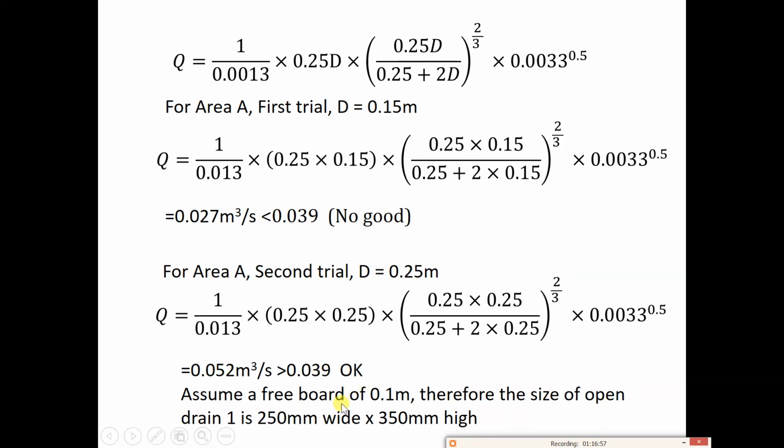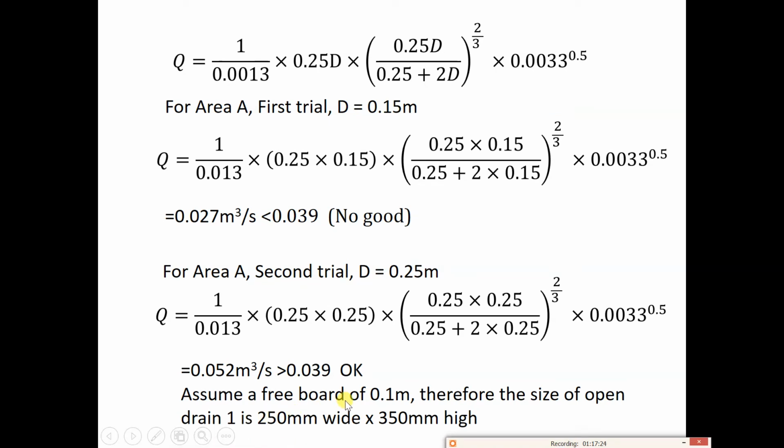So assume a freeboard. Freeboard means that we allow a gap: we don't allow the water to go to the top of the channel. The water will be below the top of the channel, in this case by 0.1 meter. That's a freeboard.